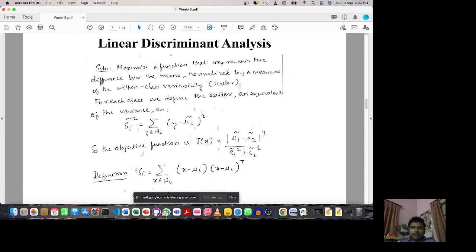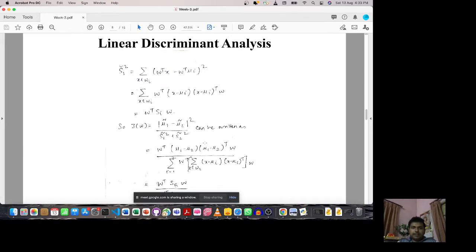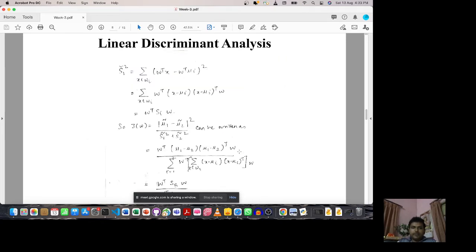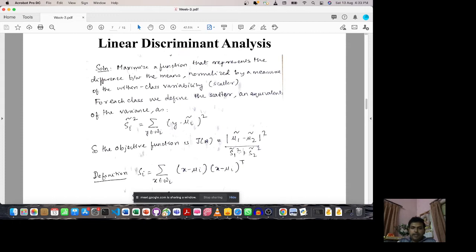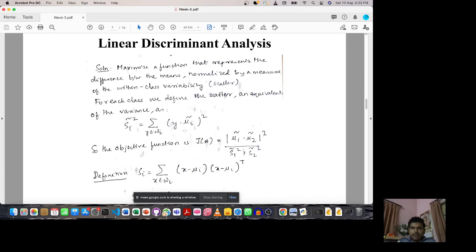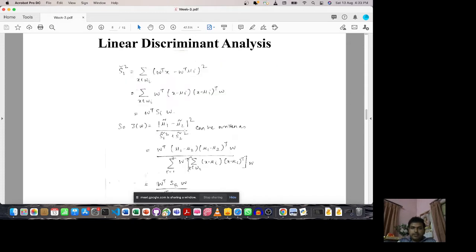So, with that definition in mind, let us now come back to how we are denoting this Si bar whole square. Si bar square will be W transpose x minus W transpose mu i whole square. Y, as we saw, is W transpose x, and mu i bar, as we saw, is W transpose mu i.